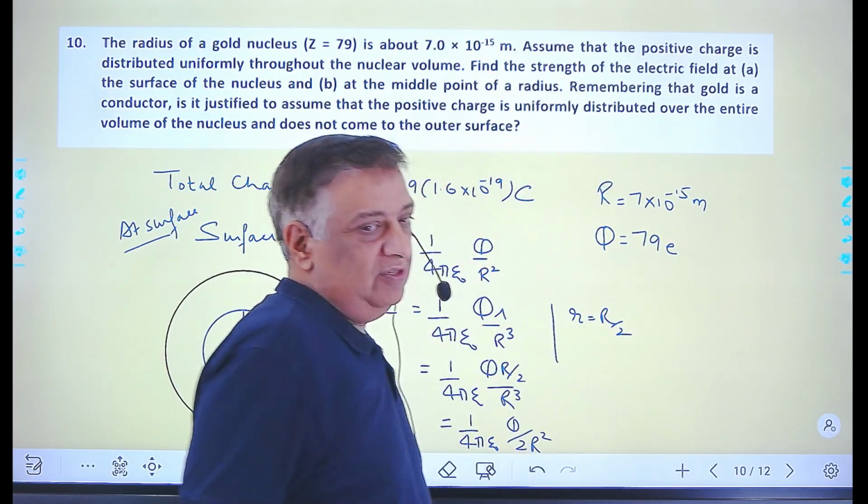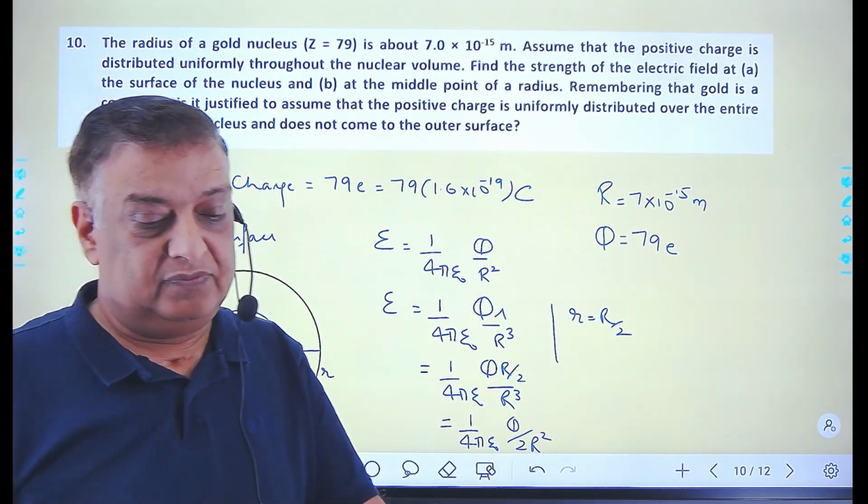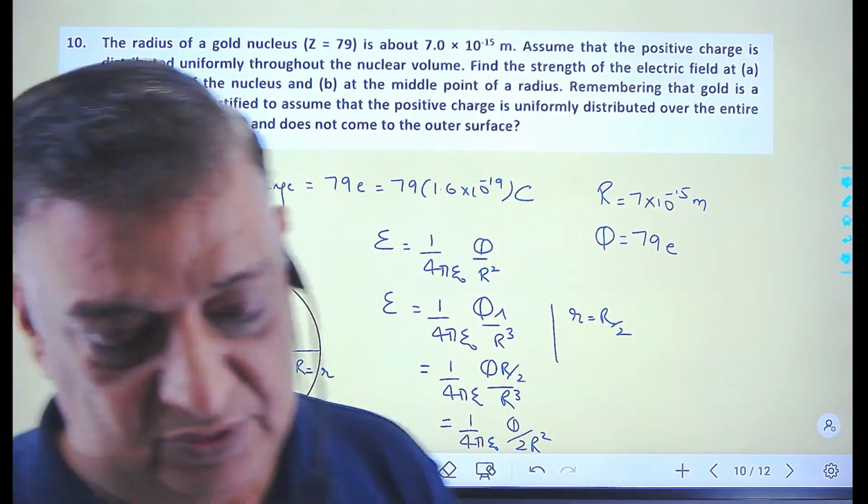So if you substitute the values, you will get the answer. So ये क्वेश्चन करके देखना, then we will do the remaining part.